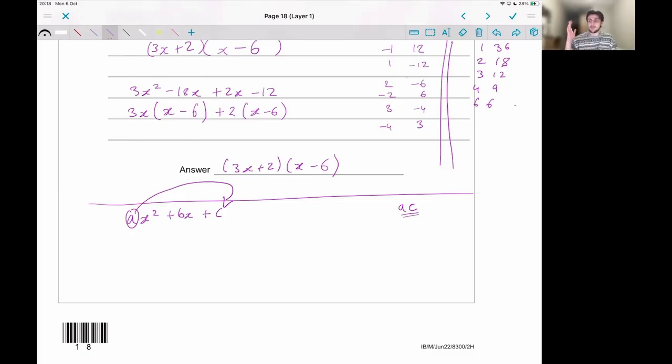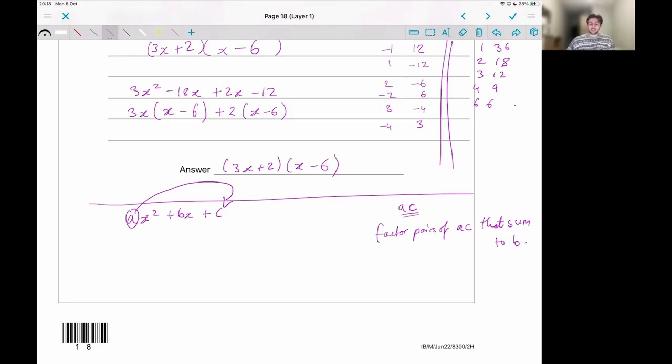List all your factor pairs, and then you need your factor pairs to add to B. So you want factor pairs of AC that sum to B, which is slightly better wording.